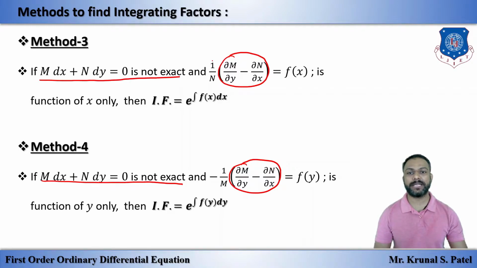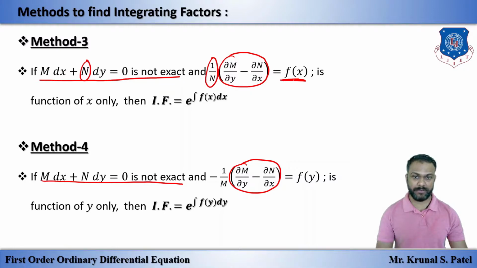But if we multiply with 1 by N, that means if we divide by N, and if we get a function of x only, compulsorily a function of x only, no y should be there, then the integrating factor is e raised to integration f of x dx.